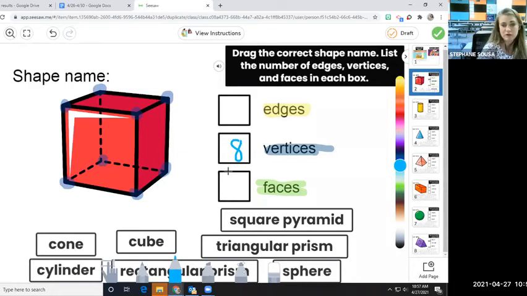Okay, so feel free to use that color coding system to get your work. Each slide will be worth 2 points. 1 point for the name, 1 point for the correct number of faces, edges, and vertices. If you miss some of this, I can give you a half point in between there, but each slide is going to be worth 2 points.